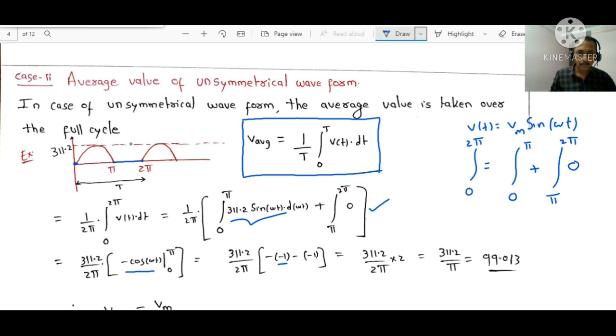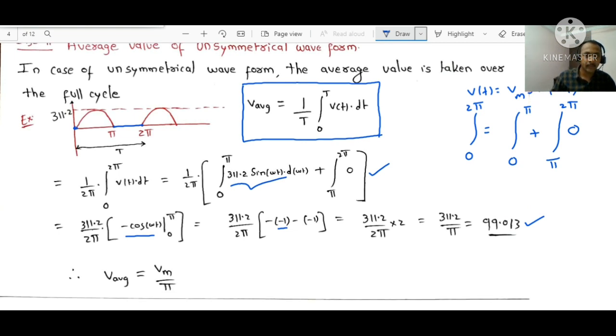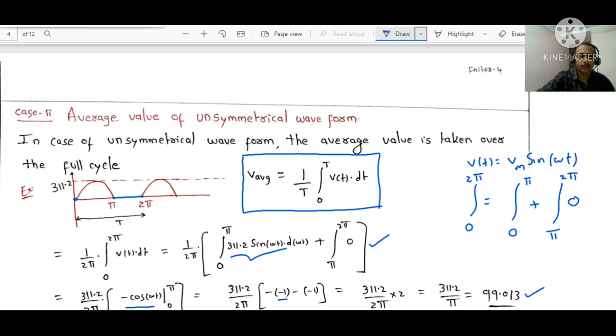Right? We are getting here 311.2 whole divided by 2 pi into 2, it is 99.013. So if you express it in terms of Vm, the peak value, it is simply Vm by pi, the average value for an unsymmetrical waveform.